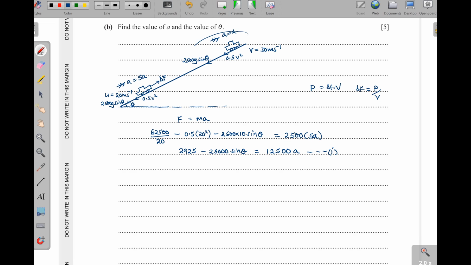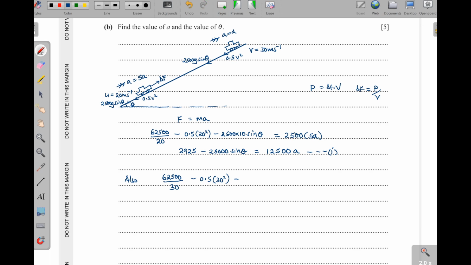Then I also consider this point here. So we shall have also 62500 divided by the speed, which is 30, remember, then minus 0.5 times 30 squared, and this will be equal to 2500 times A. Oh, I think I've left out something.